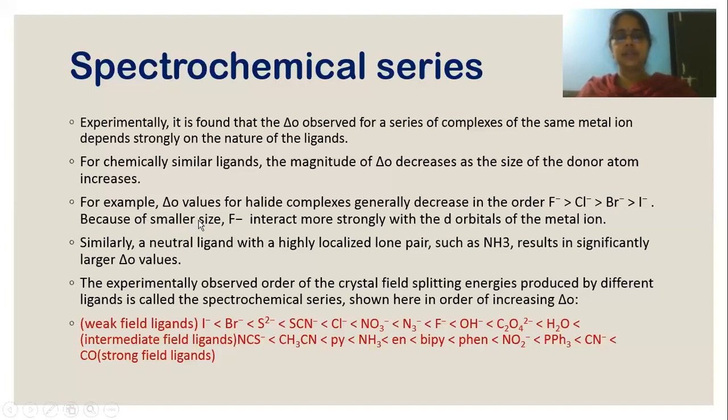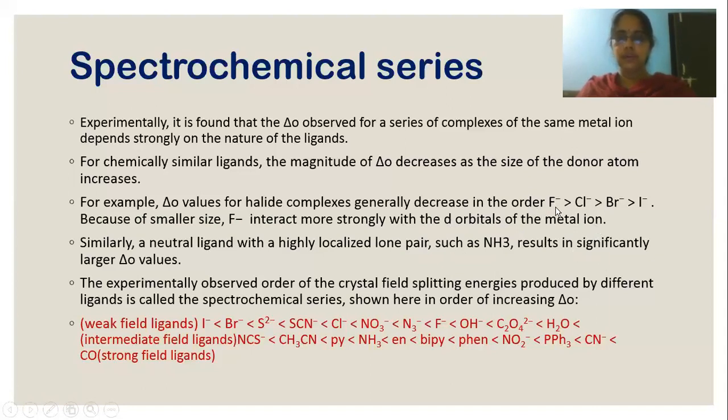So if we consider the crystal field splitting values of halide complexes, it is generally in the order fluoride greater than chloride greater than bromide greater than iodide. Because of the small size of the fluoride ion, it interacts more strongly with the d orbitals of the central metal atom.